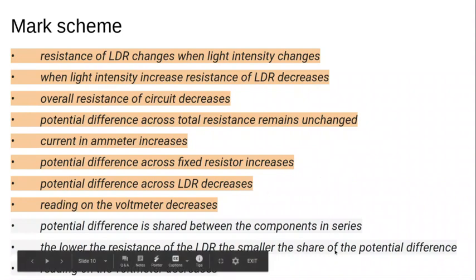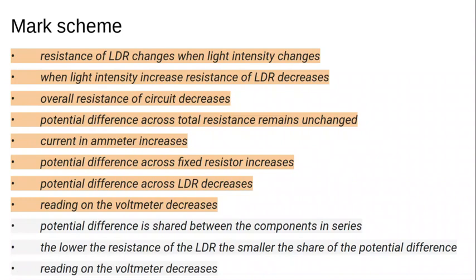Now, these three points here aren't extra points. I think they're just stuff you really need to know in order to have grasped this in the first place. So the potential difference is shared between components in the series. We know this because it's like a seesaw. If there's more potential difference across one component, then it's going down elsewhere because voltage stays the same across the circuit. The lower the resistance of the LDR, the smaller the shared potential difference.